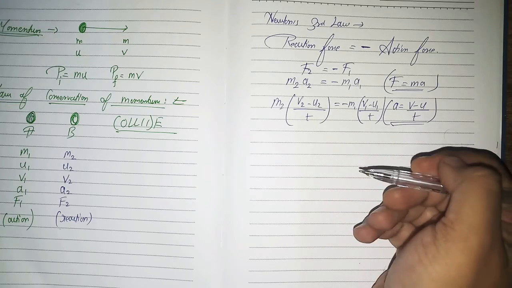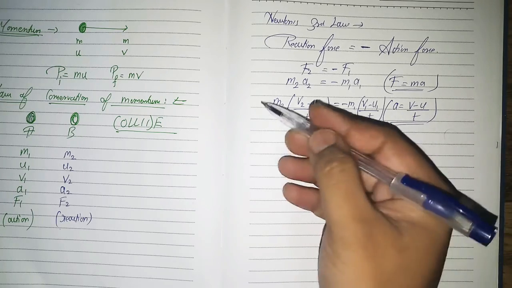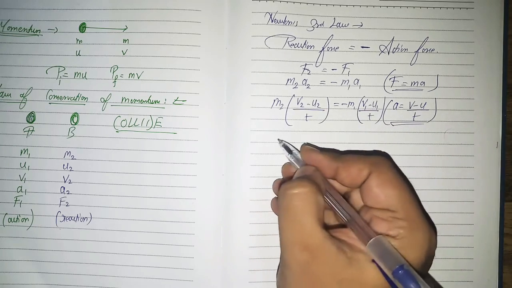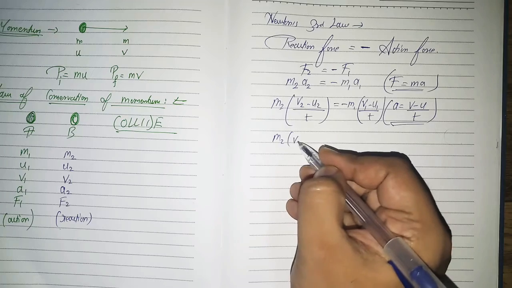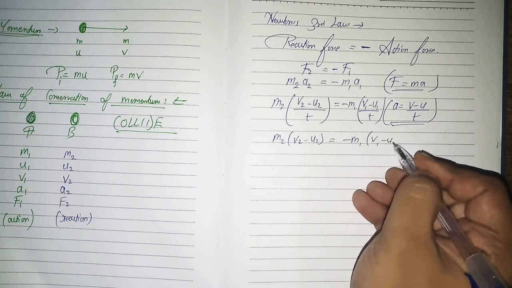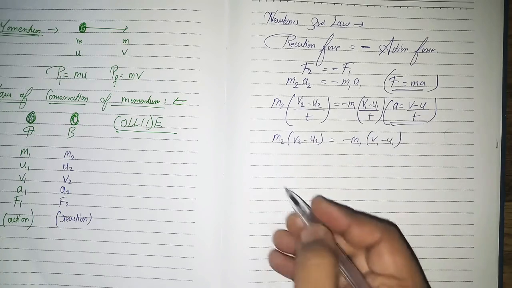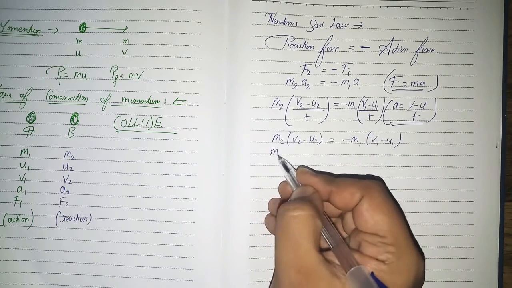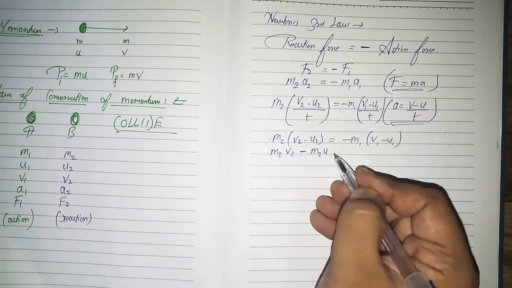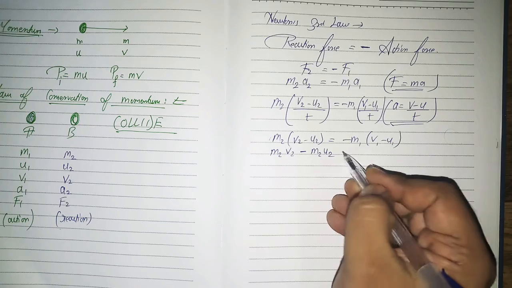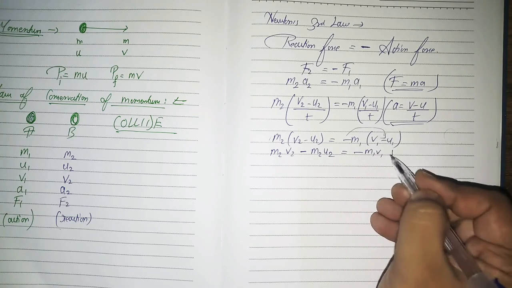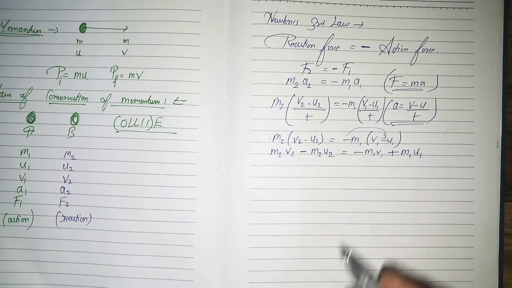So in maths what we'll say is multiply by t on both the sides. This t gets cancelled. What remains is m2 (v2 minus u2) equals minus m1 (v1 minus u1). So multiply: m2 v2 minus m2 u2 equals minus m1 v1 plus m1 u1.